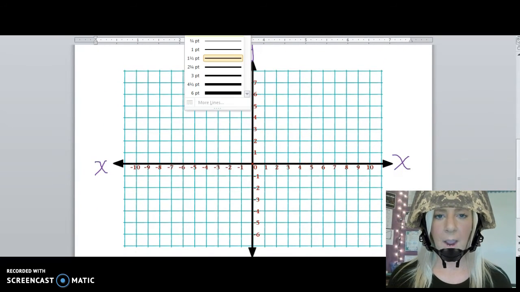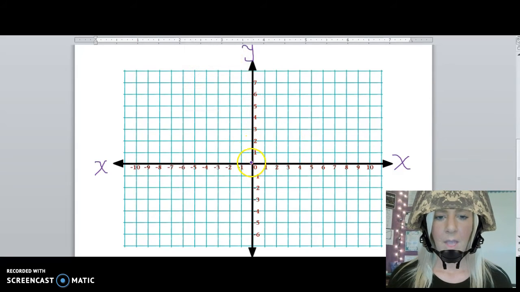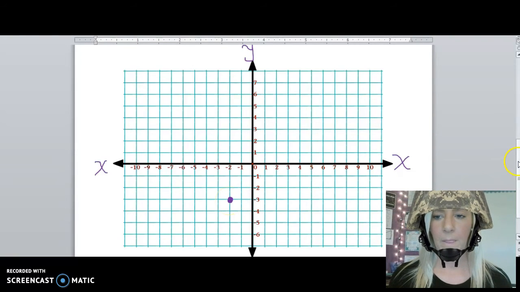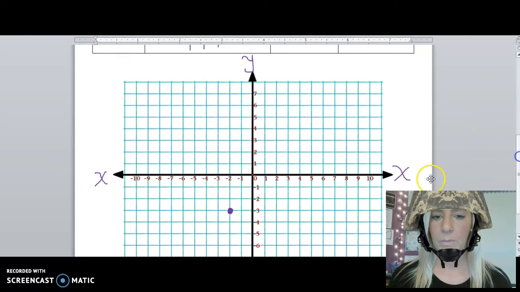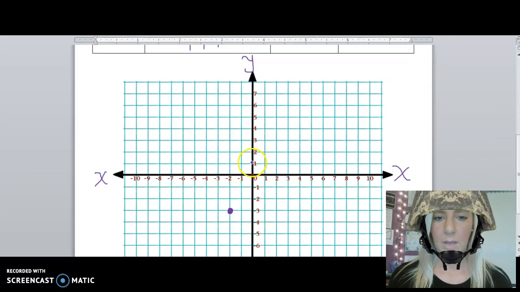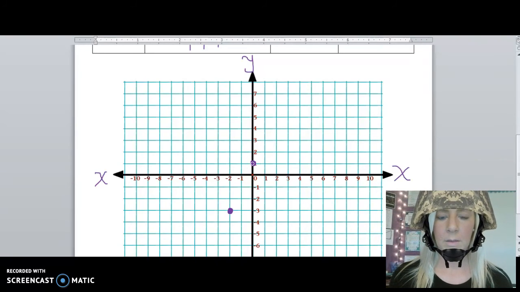Okay, our first point is -2 on the x, -3 on the y. So I'm going to graph -2, -3. Again, I got those points because I went to -2 on my x-axis, -3 on my y. Our next coordinate is 0, 1. So I'm going to go 0 on my x and up to 1 on my y.